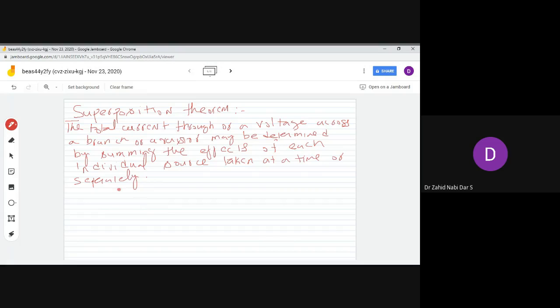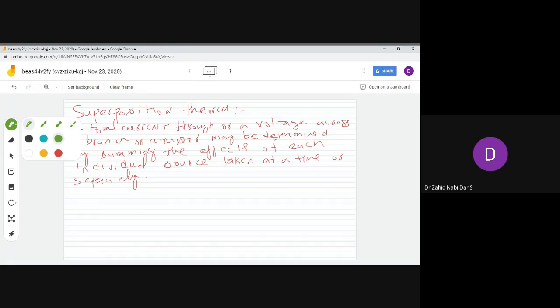Suppose, in order to take an individual source, you need to take only a current source. So in order to apply the superposition theorem, it is necessary to remove all sources other than the one source that is being examined. So for example, if you want a voltage source to be neglected, you have to remove it and make it zero.